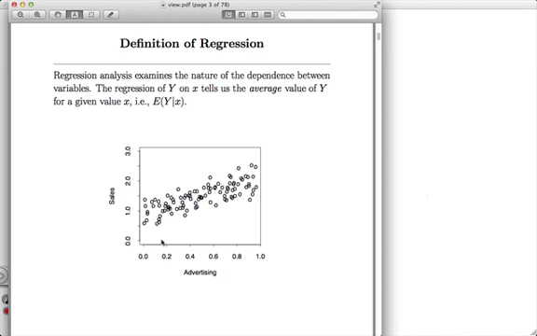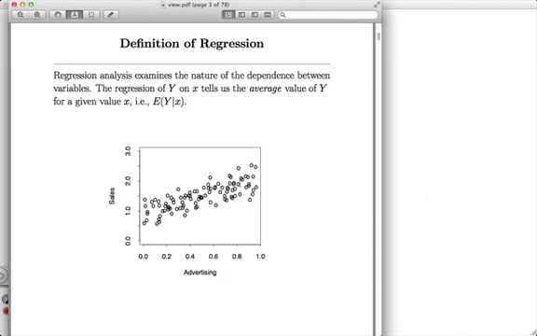All right, so here's a little example where we're relating sales to advertising. What regression simply seeks is, for a given level of advertising, let's say I set my advertising at 0.4, where is the mean of the dependent variable y, or in this case sales? And it's probably about here. If I have a higher level of advertising, where is the mean sales? It's about here.